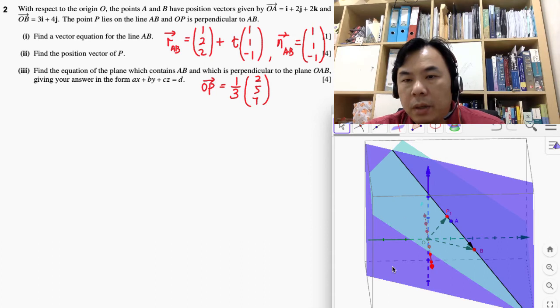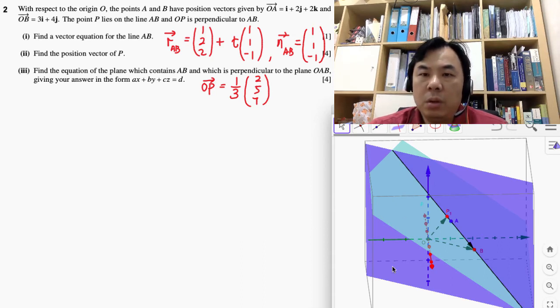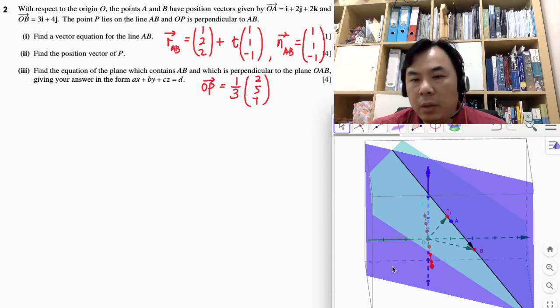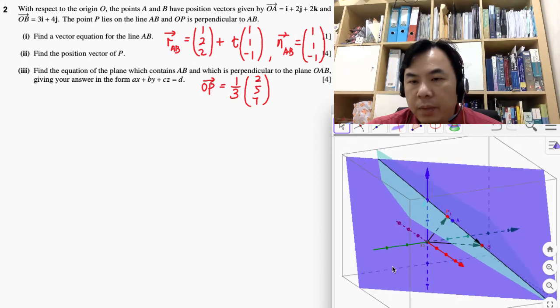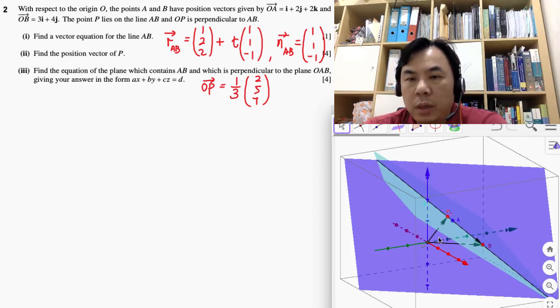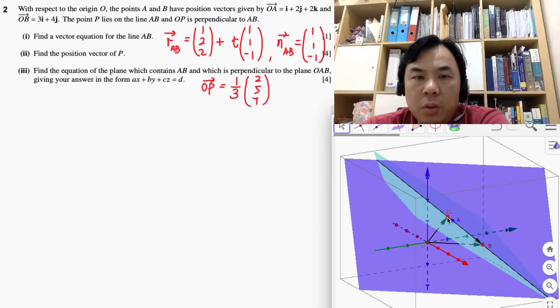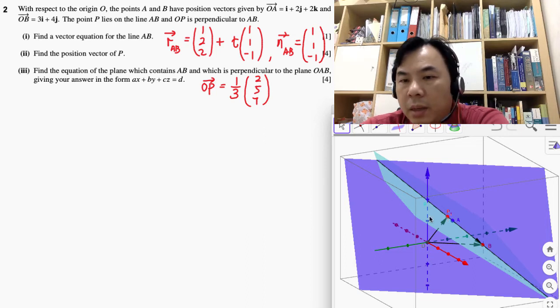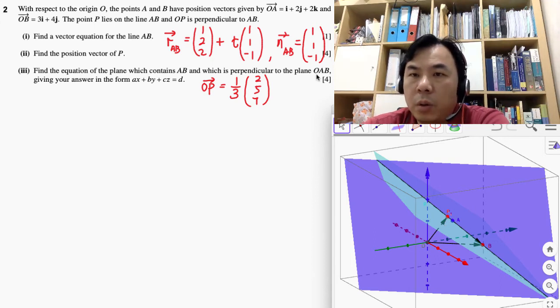To build a plane equation, we need the normal to the plane and a point on the plane itself. A point on both of these planes is given by point P, so we can use point P as our reference point to construct the equation for the plane that is perpendicular to the plane that consists of the points O, A and B.